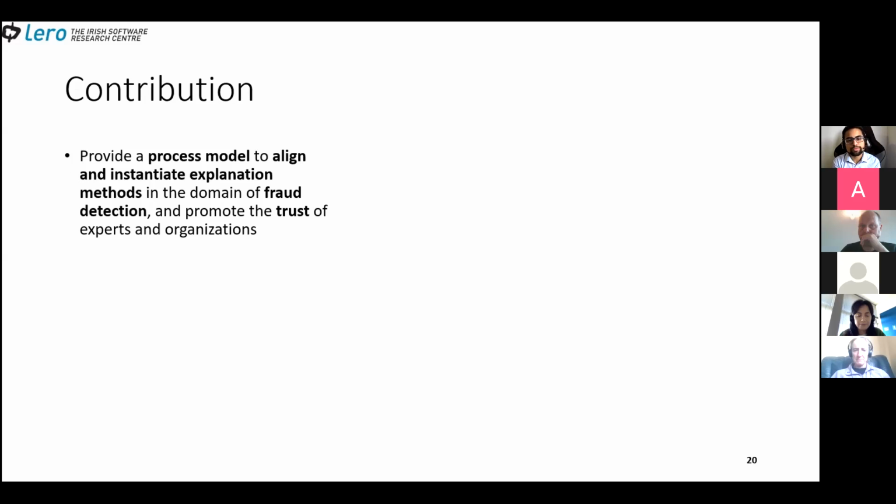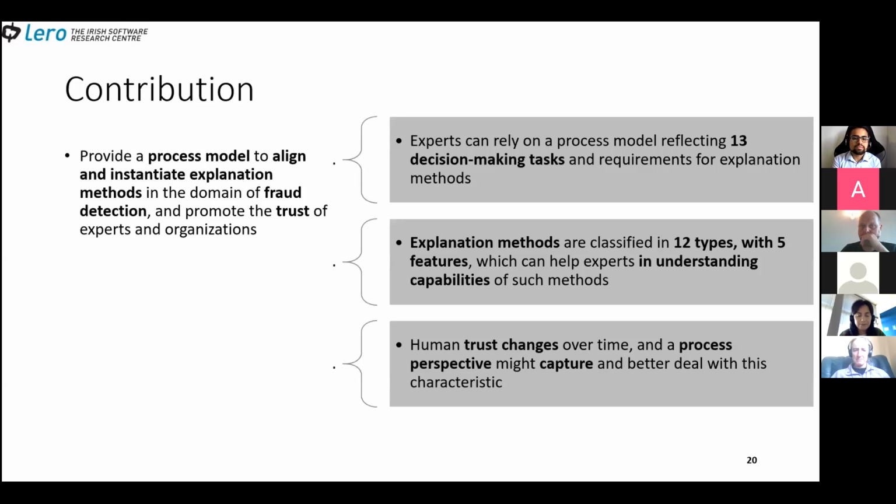As contribution, I wanted to recall that the core focus of my research is to develop a process model for the instantiation of explanation methods to fraud experts. The aim is to promote the trust of those experts and confidence of organizations adopting AI models for fraud detection in their daily operations.